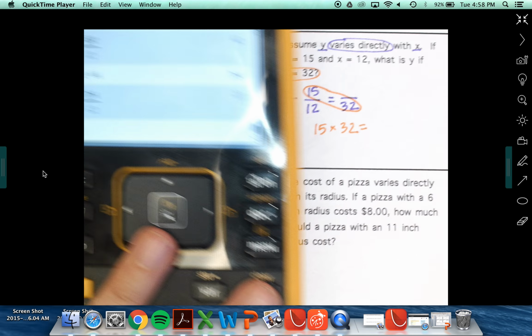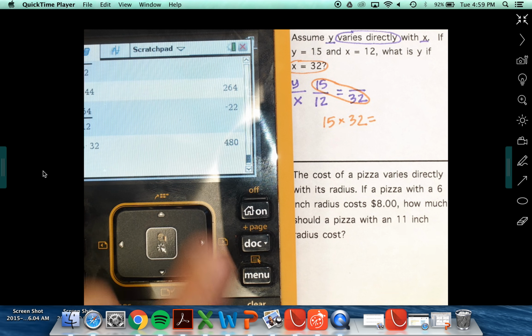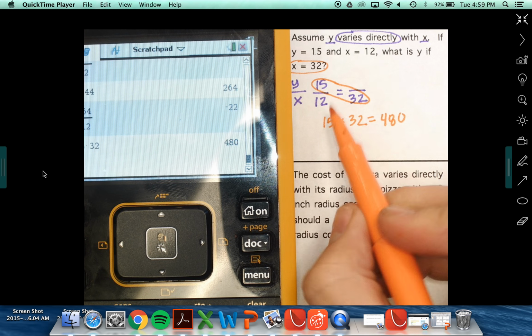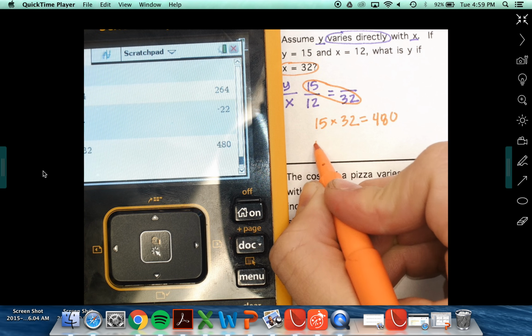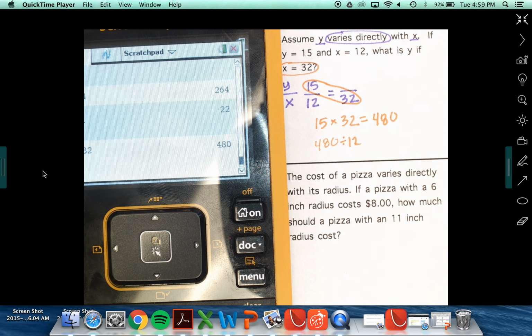If we had 15 times 32, that is 480. And then you're going to divide it. You're going to take that 480 and divide it by 12.